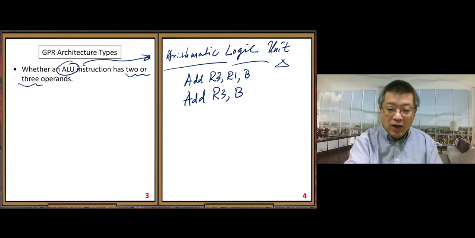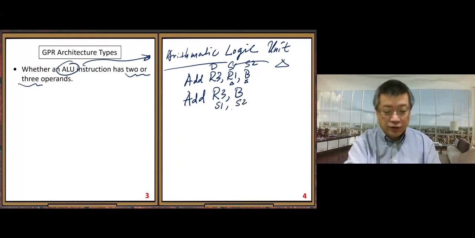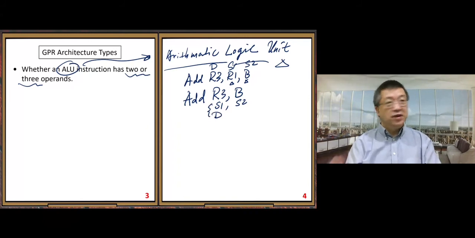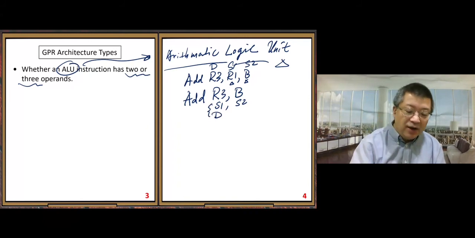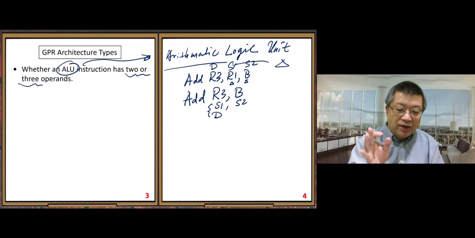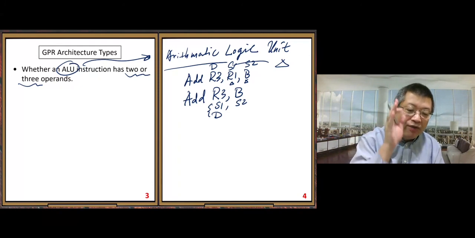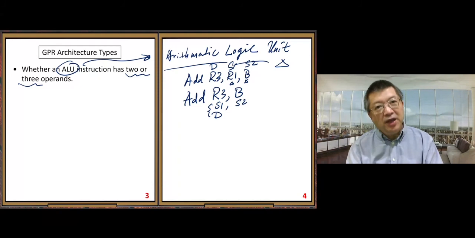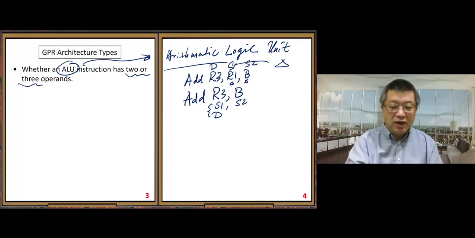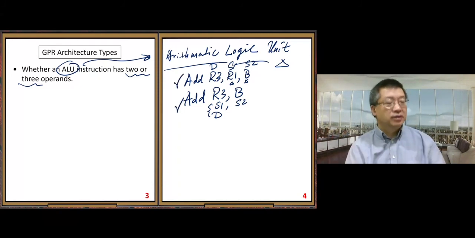But here, S1 and S2 are the sources, and this one is the destination. In the 2 operand version, S1 and S2 are 2 sources, but one also is used as the destination. So you know the difference. So here, architecture types, 2 or 3 operands you need in your ALU instruction.